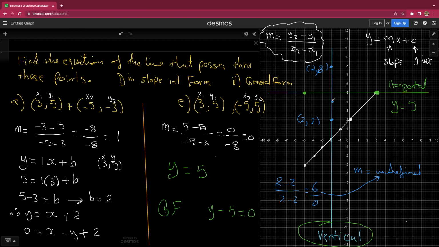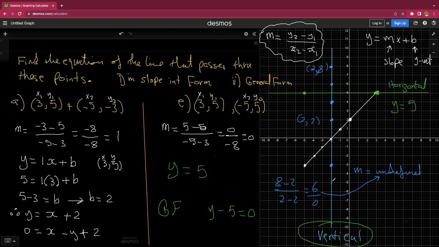What's the X value here? X is -2. What's the X value here? Also -2. And here? -2.